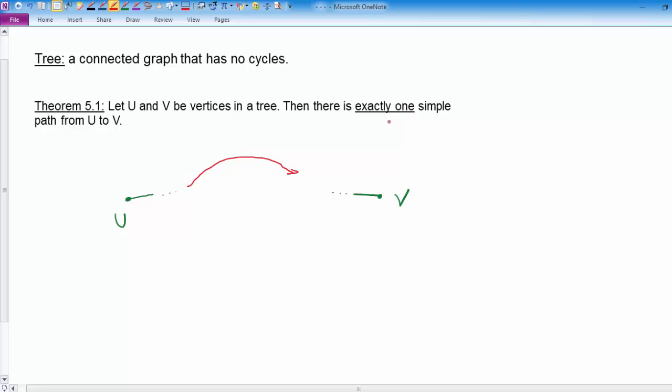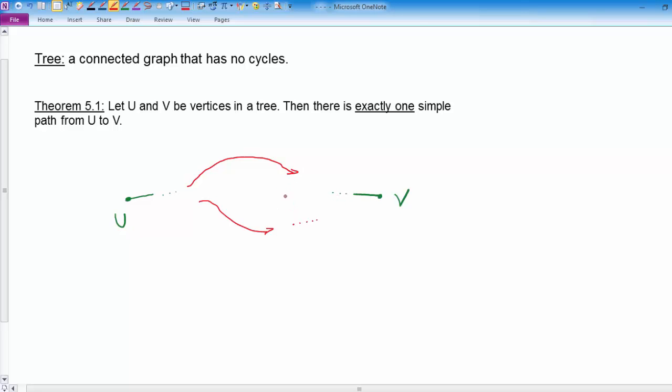Well, let's suppose by contradiction that there is another one. If there is another simple path, then perhaps it will start here with U and then eventually will take a different route and it will arrive also at V.